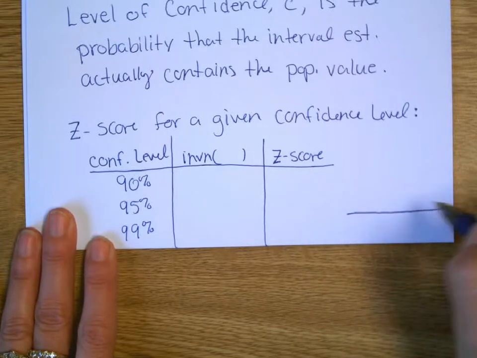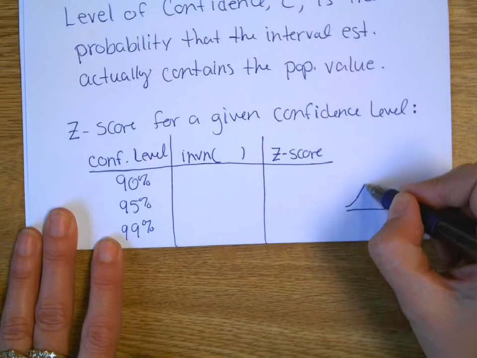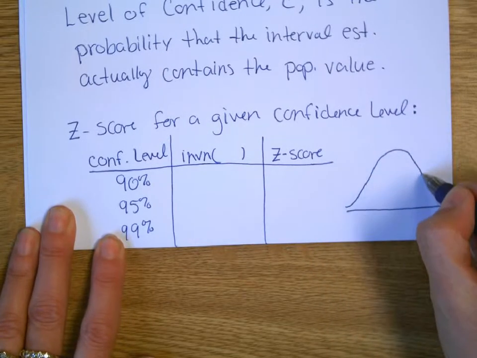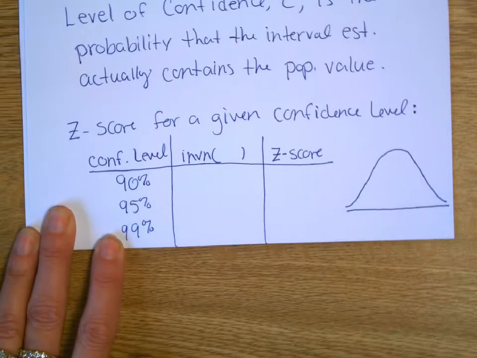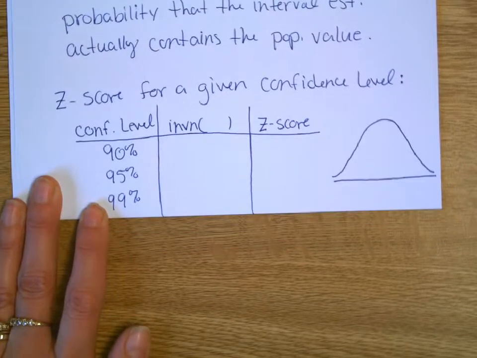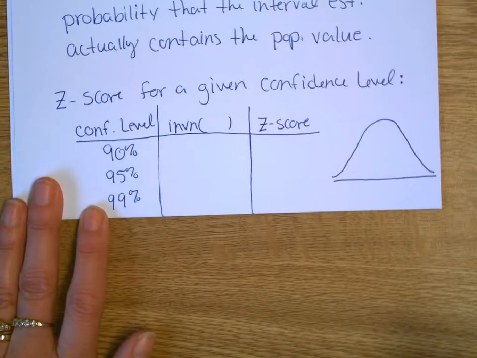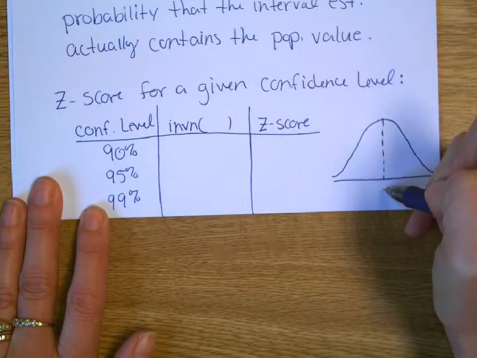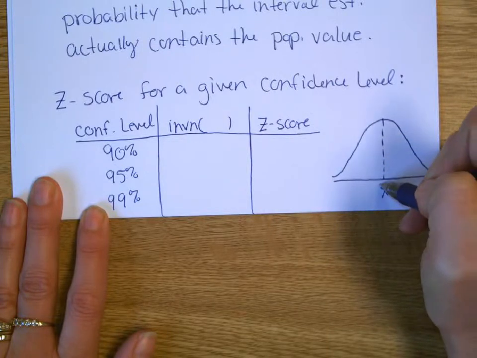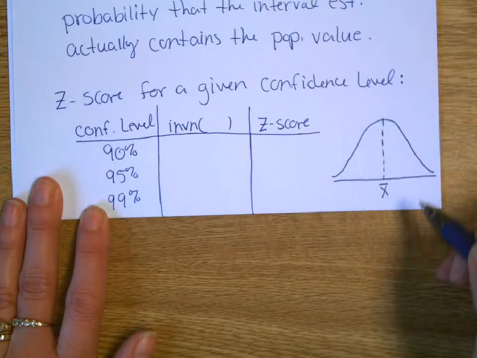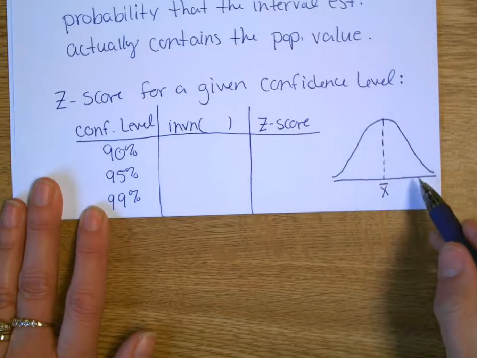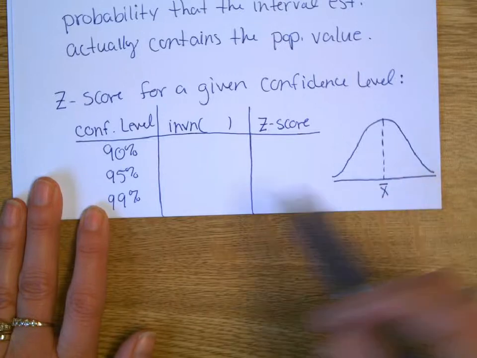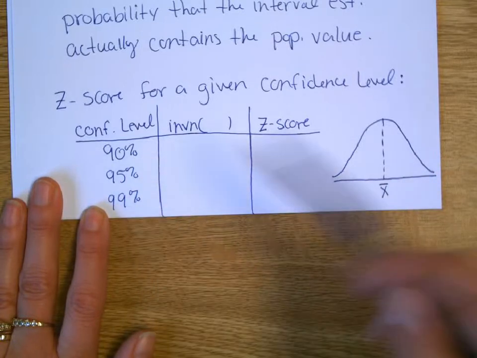And this you did on your test Friday, finding a z-score for a given area. So we're going to have our sample mean be the middle of the graph, and then we're going to make an interval around that sample mean, where that will contain either 90% of the graph, 95, or 99.